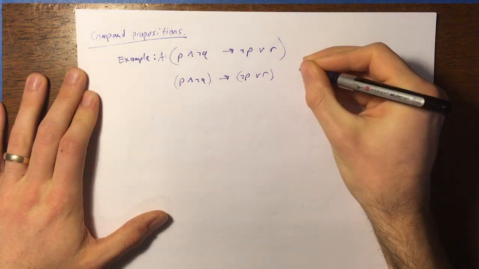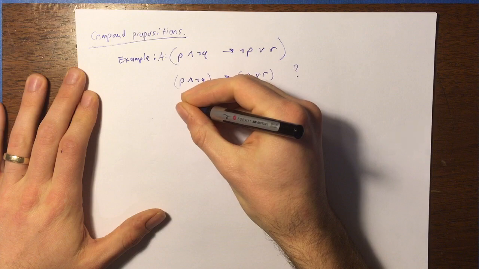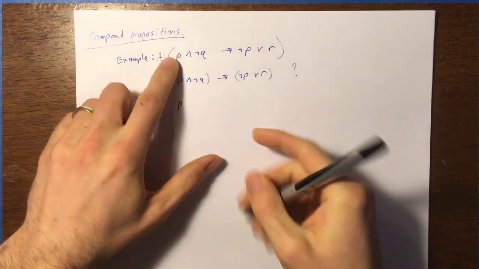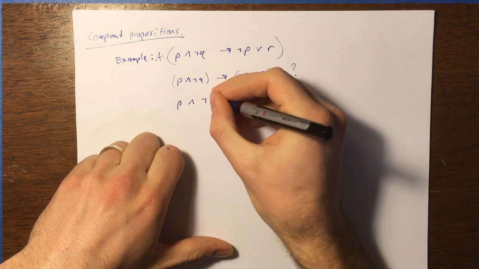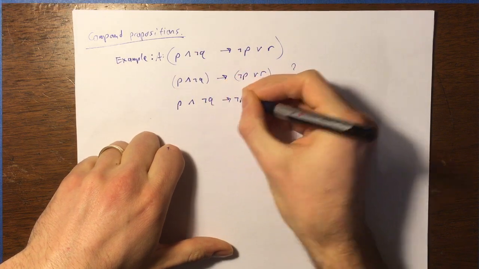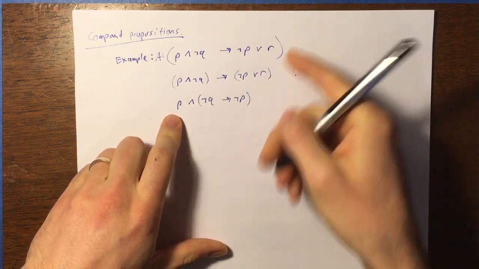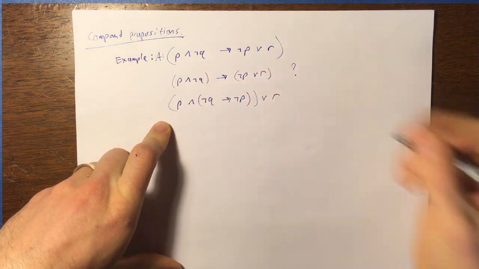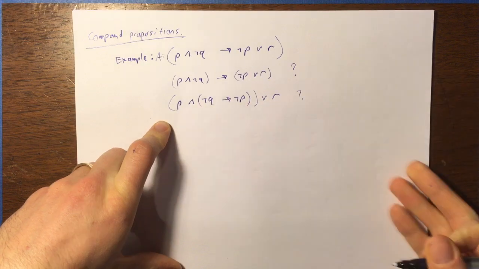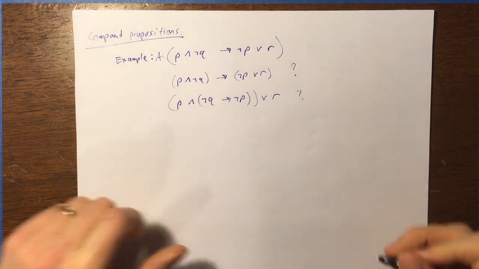Or should it be P, and then maybe the implication takes precedence and we say not Q implies not P, and then how is that combined with the or R? Is it that whole thing or R? There are lots of different ways we could group these things together.